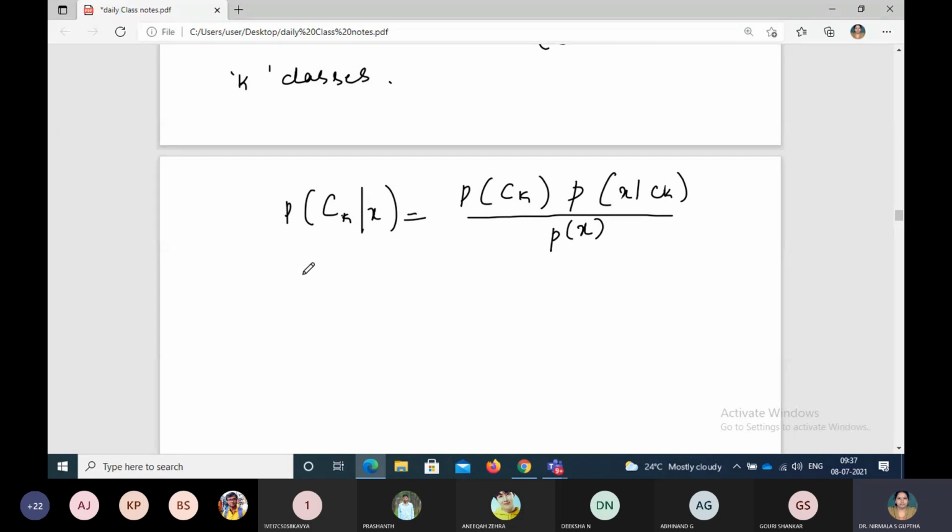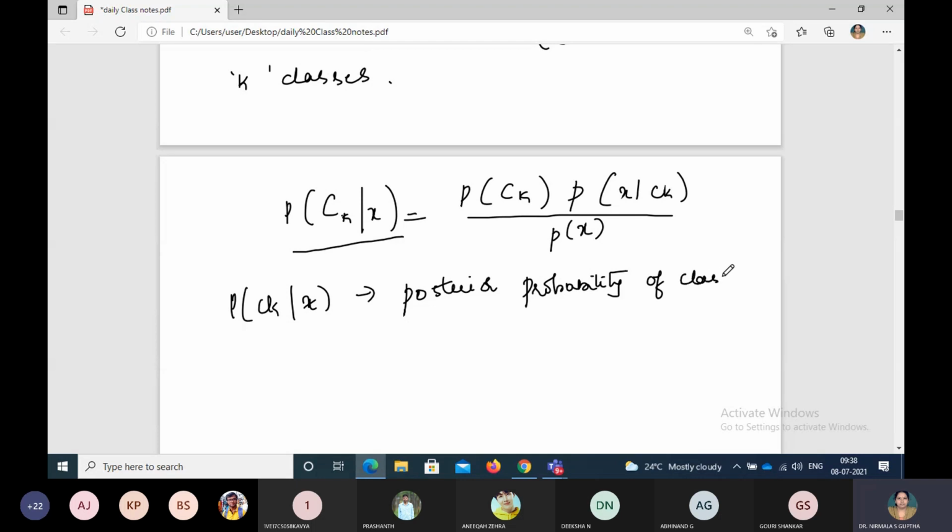The very first one, what we wrote on the left-hand side, P of Ck given X, is the posterior probability, where K represents class K and X is the given predictor.